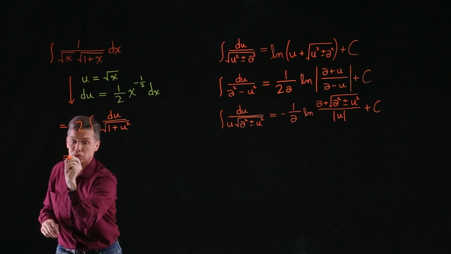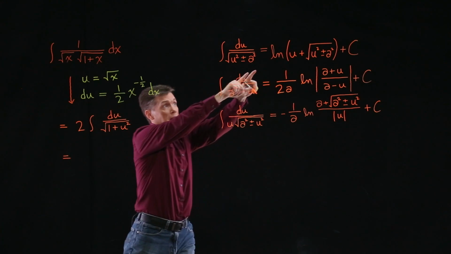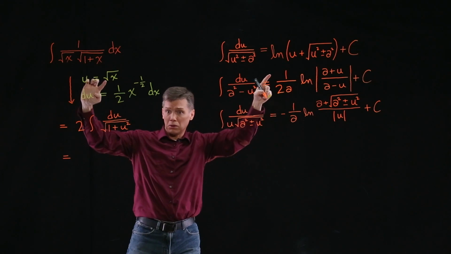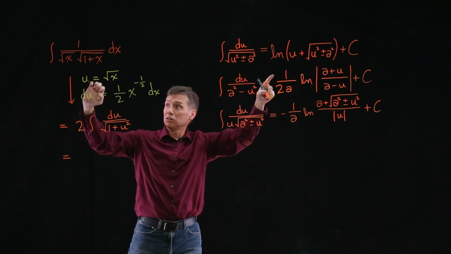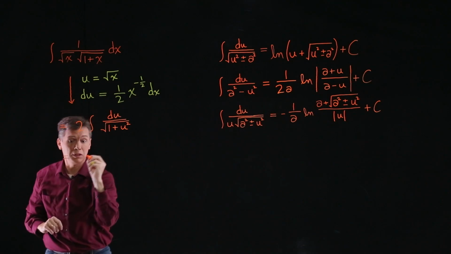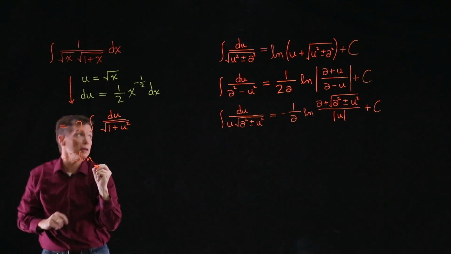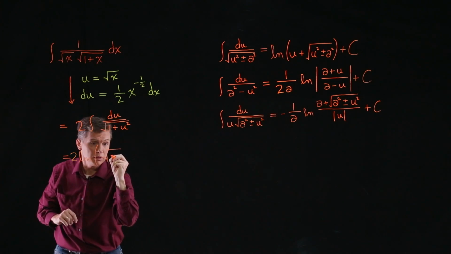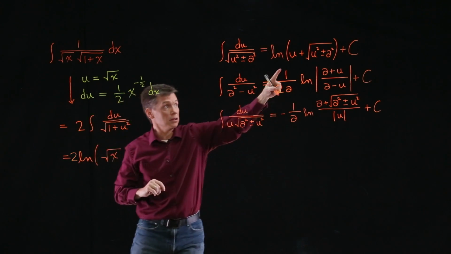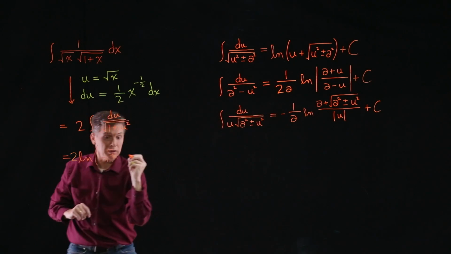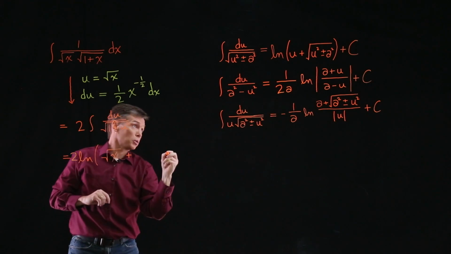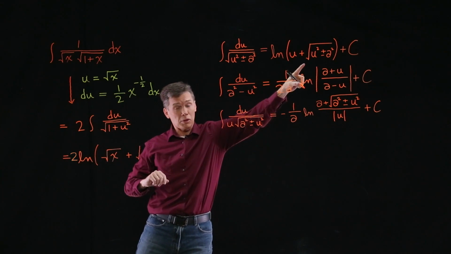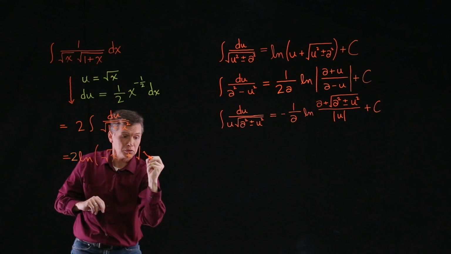This equals, and I'm following the right side of this equal sign here, where my u is actually going to be the square root of x, and my a is just 1. So this equals the natural log, parentheses, the u I see in the formula, that's just the square root of x for me, plus the square root of u squared in the formula, and that's just going to be x for us.